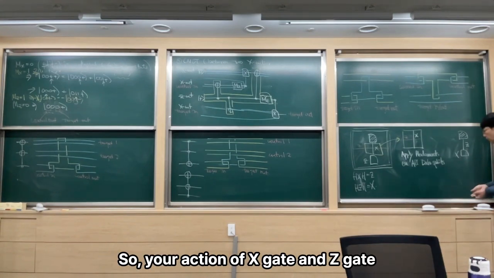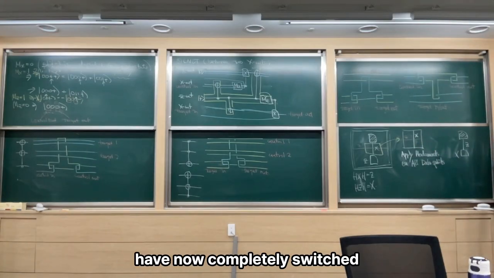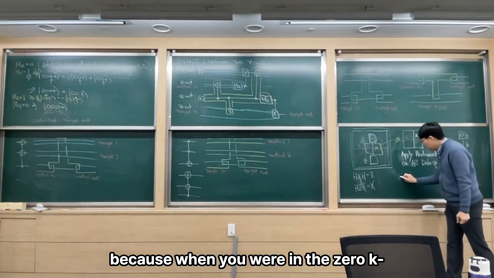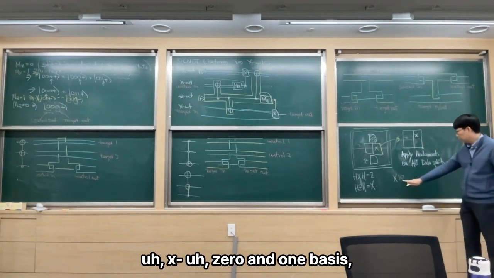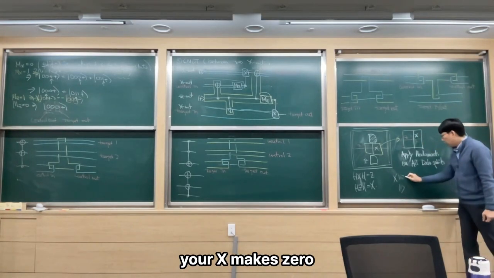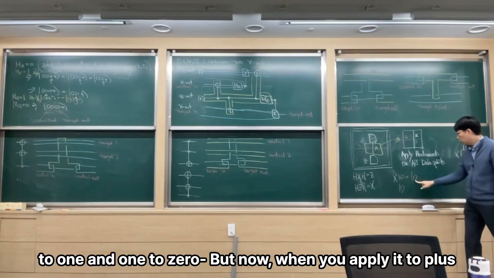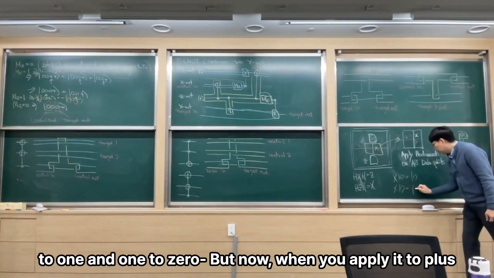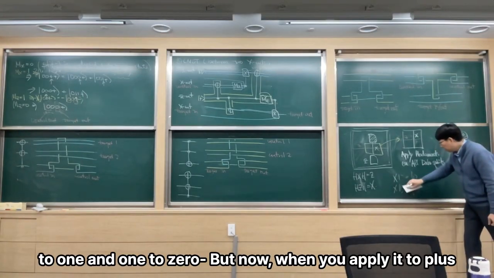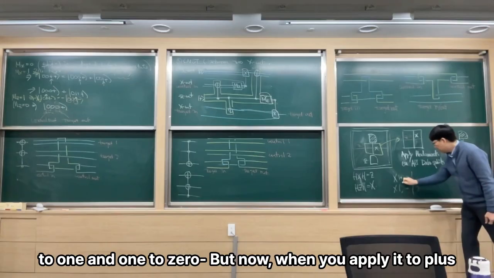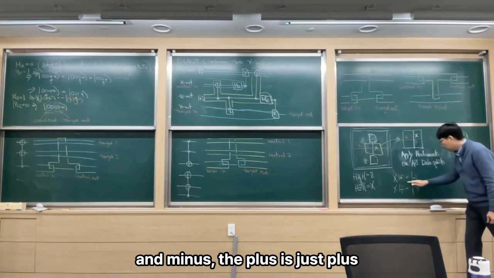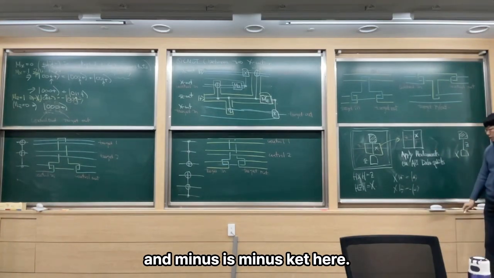So your X gate and Z gate actions have completely switched, because when you were in the 0 and 1 basis, X makes 0 into 1 and 1 into 0. But now, when you apply it to plus and minus, plus is just plus and minus is minus ket here.